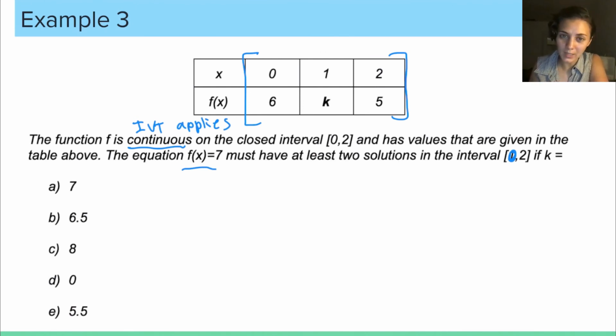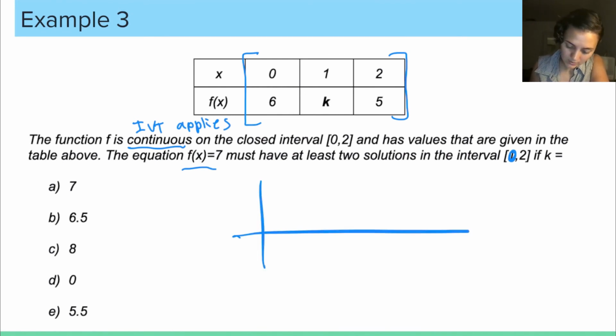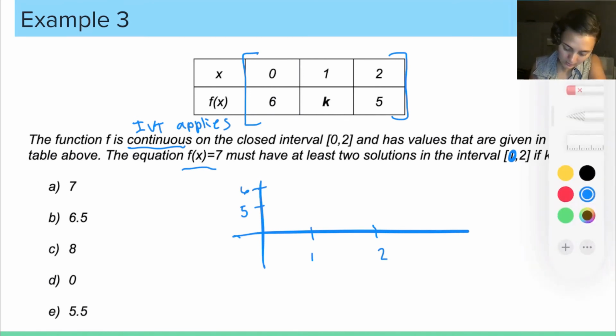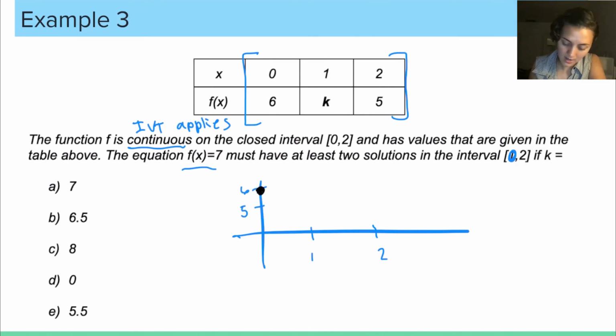So I'm going to do a rough graph of this for you to visualize. At 0 we're at 6, at 1 we don't know where we're at, k, and then at 2 the function is down here at 5. So I know that at 0 the function is equal to 6, and at 2 the function is 5.